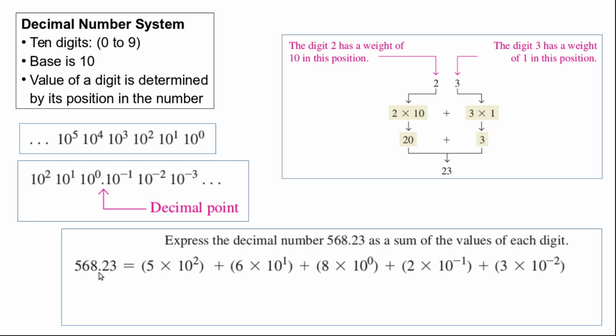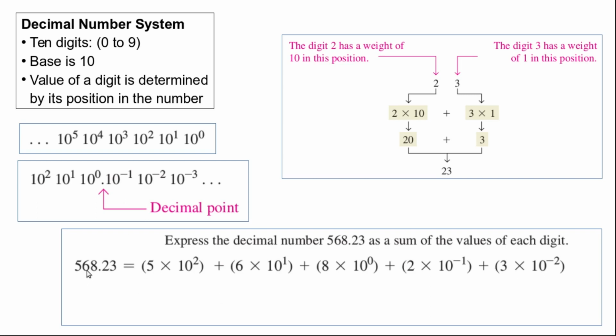Whereas on the right of the decimal point, 2 will have the weight 10 to the power minus 1. It's already mentioned here, the weights. And 3 will have the weight 10 to the power minus 2.